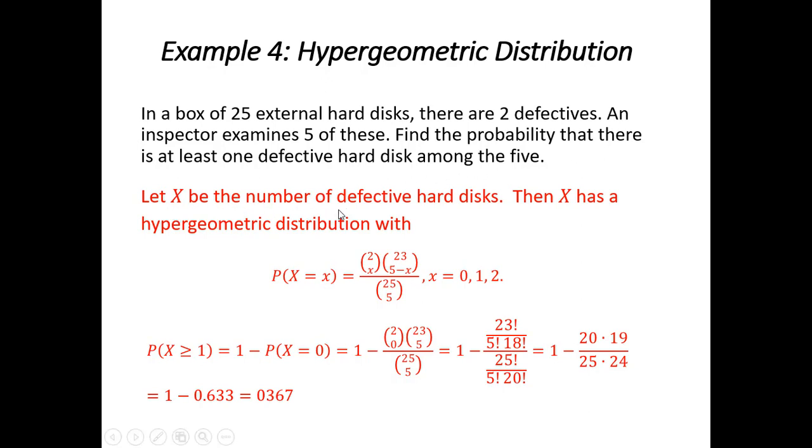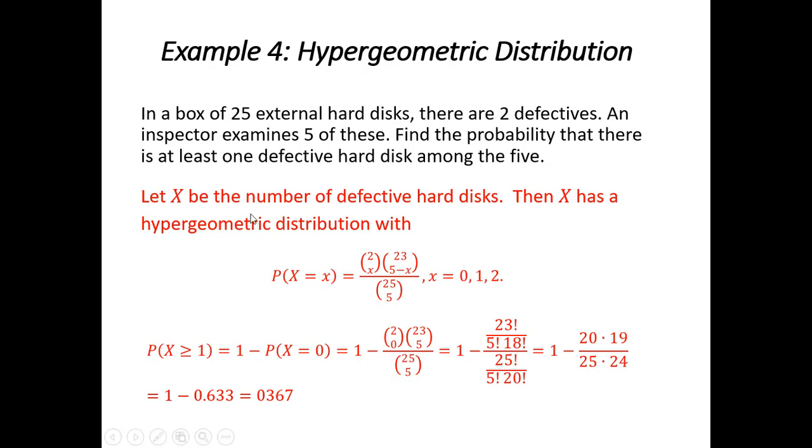Let x be the number of defective hard disks. So what values can x take on here? At first, capital X can take on anywhere from 0 to 5. However, let me take that back. There's only 2 defectives. So even though we're going to examine 5, x could take on the value 0, 1, or 2.